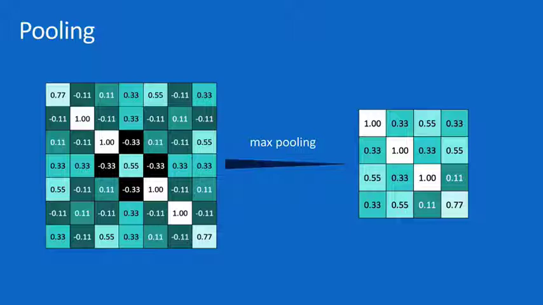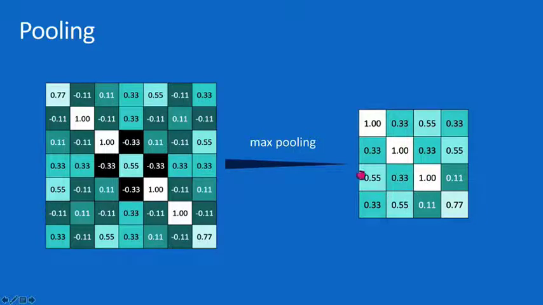And there are variations of this as well. You don't always have to do max pooling. You can do average pooling or some other algorithm which takes some combination of the pixels in the window. So what pooling has done is that it has reduced the dimensions of the output, because we are actually dropping information, right? So this output doesn't have the information of the 0.77 and the negative 0.11.